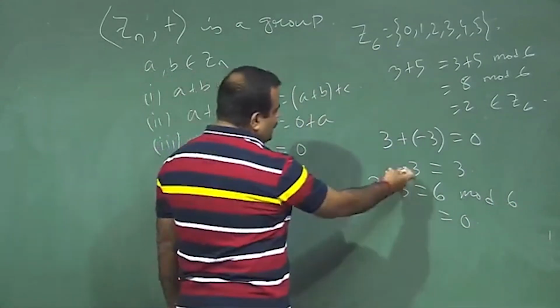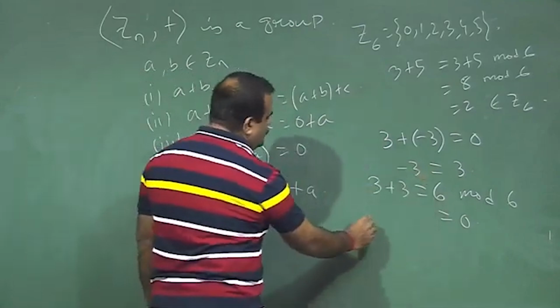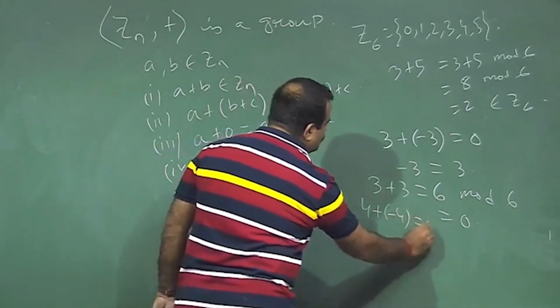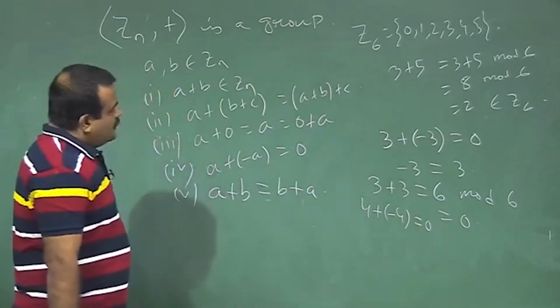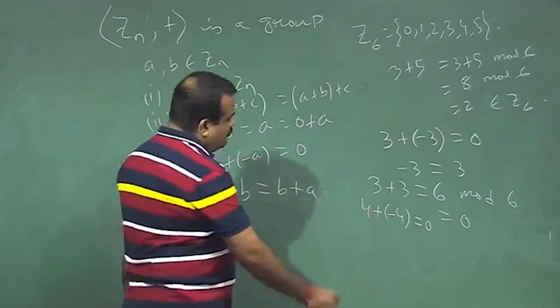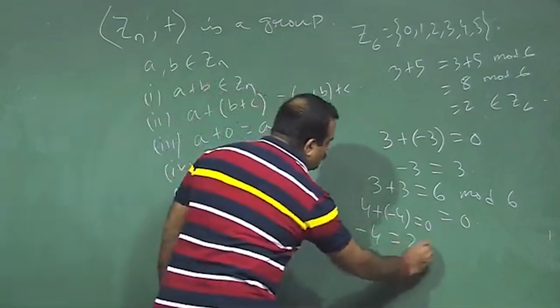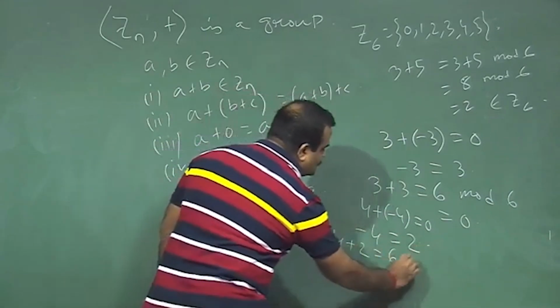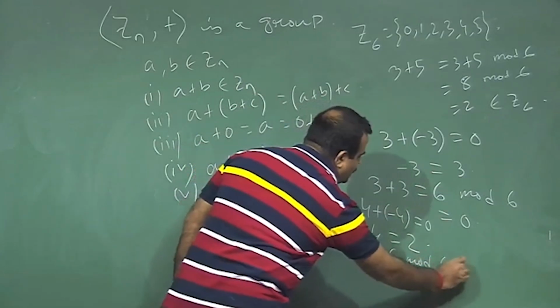Now, what is minus 4? So 4 plus minus 4 should give us 0. Okay, now basically minus 4 is 2, because 4 plus 2 is basically 6, and 6 mod 6 is basically 0.